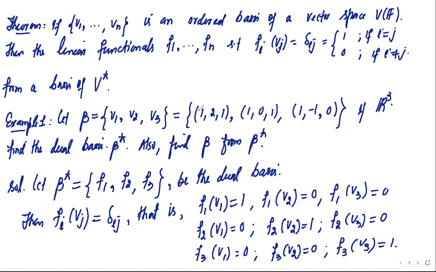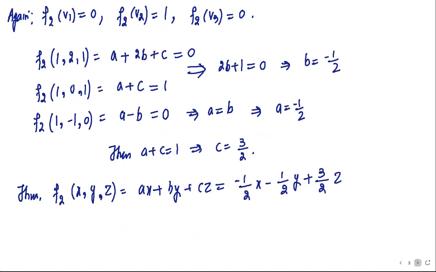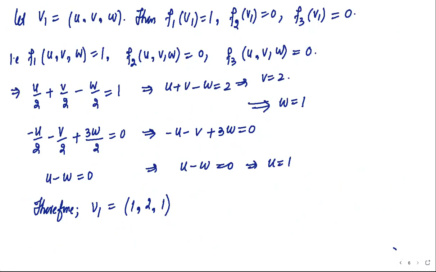this was our first vector, v1, (1, 2, 1). And now we have obtained this (1, 2, 1) from the dual basis. Similarly, we can obtain the second vector, v2. Now, next, to find v2, let v2 again be equal to some (u, v, w).